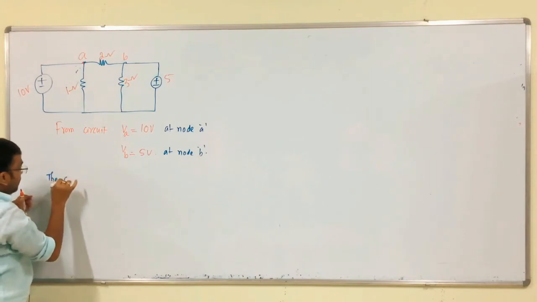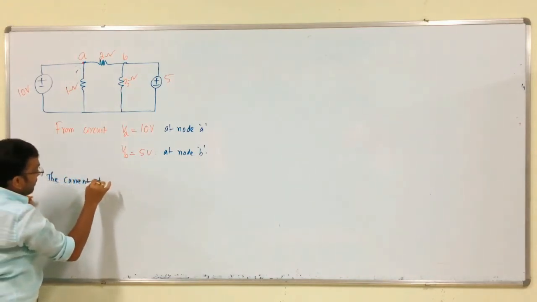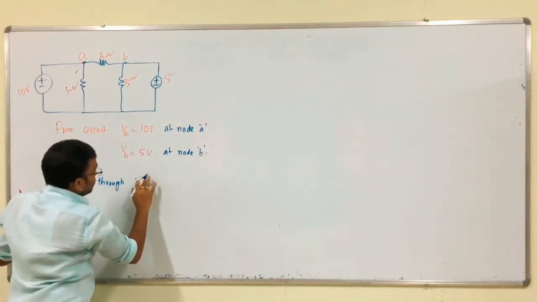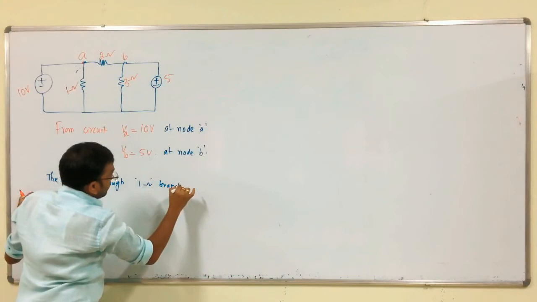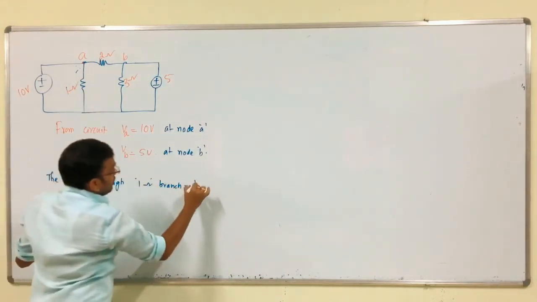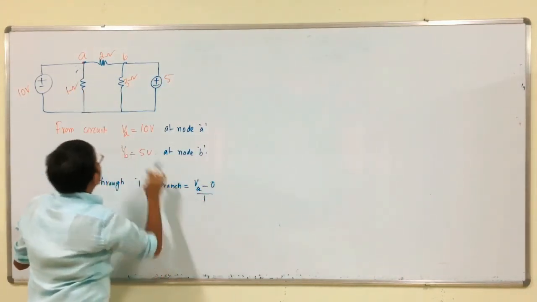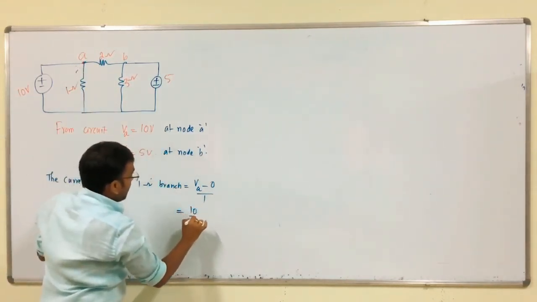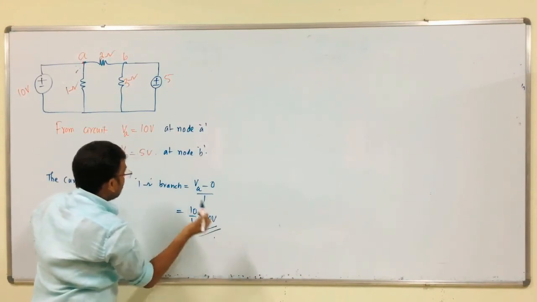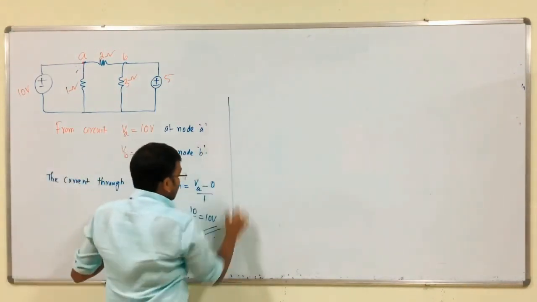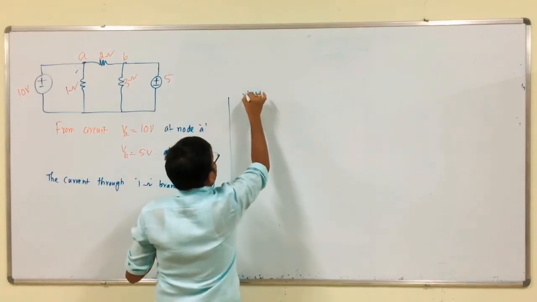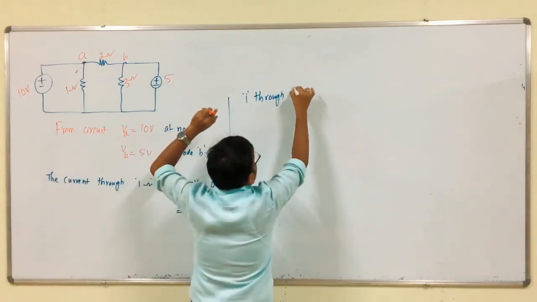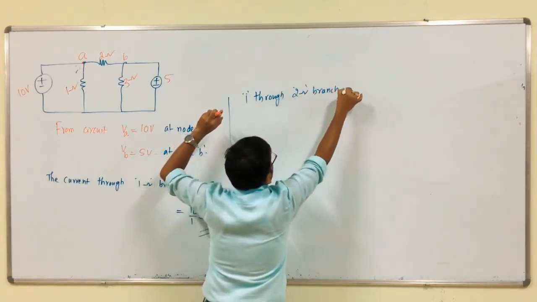The current through 1 ohm branch is equal to what? VA minus 0 by 1, which is equal to 10 by 1, which is equal to 10 amps. So, like this, the current through 2 ohm branch is equal to what?